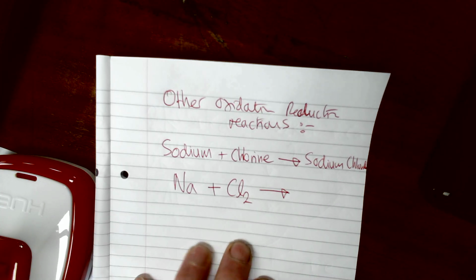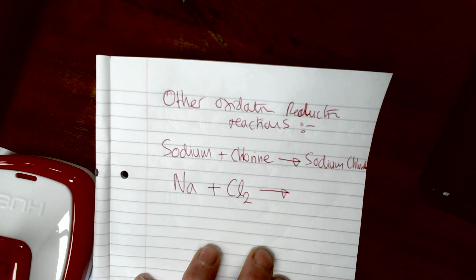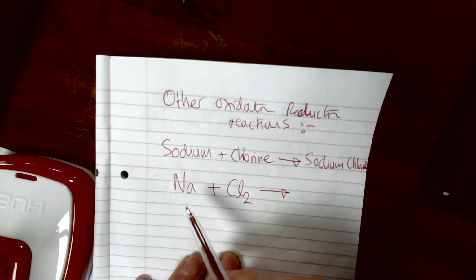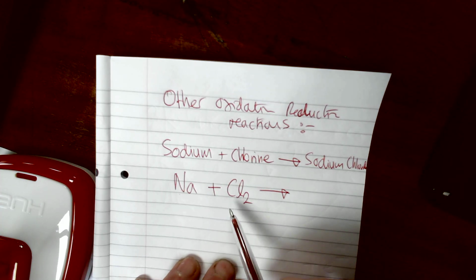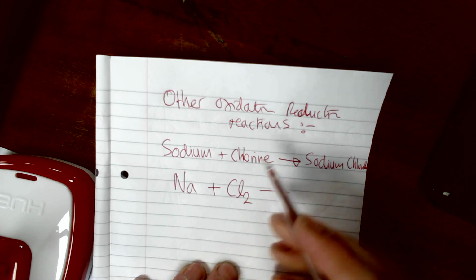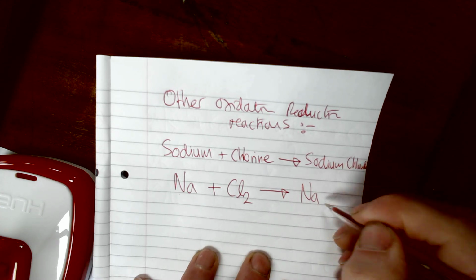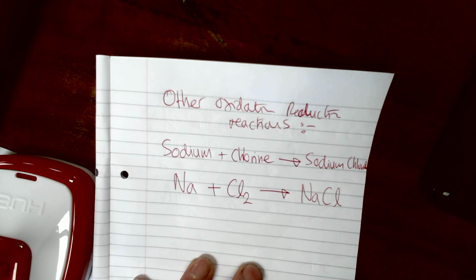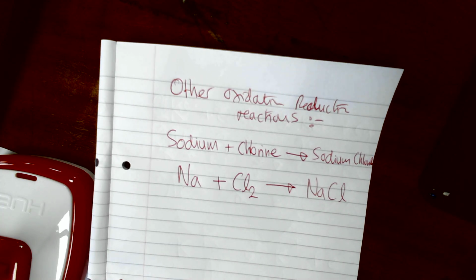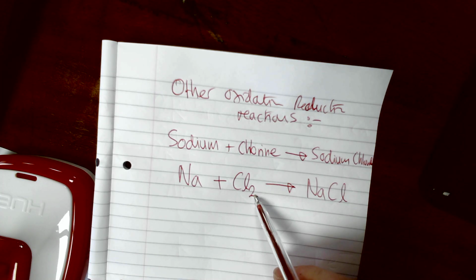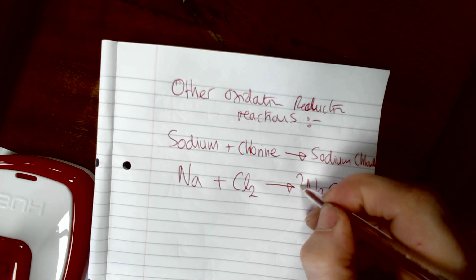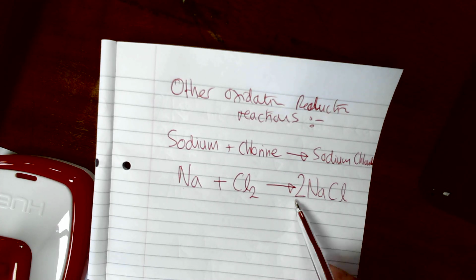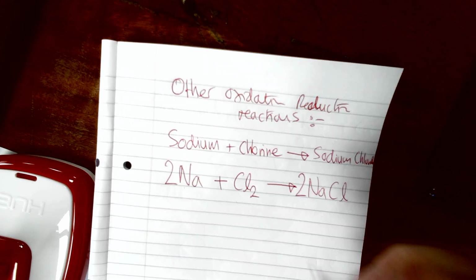Sodium chloride, sodium's group 1, chlorine's group 7. Sodium forms Na pluses, chloride is Cl minuses, so it's just NaCl. Can you now balance that equation, please? 2 Cls, 2 in front of there, 2 NAs, 2 in front of there.